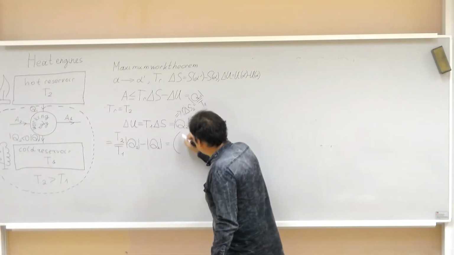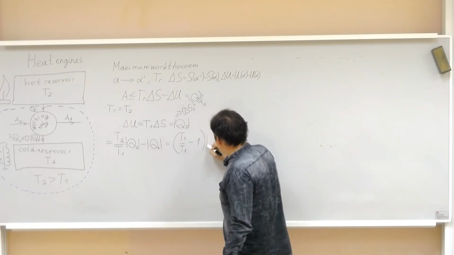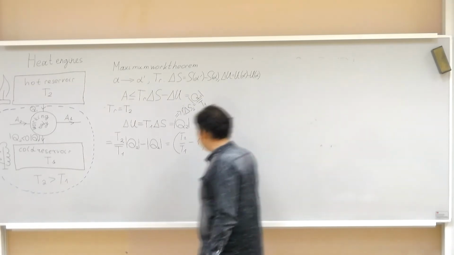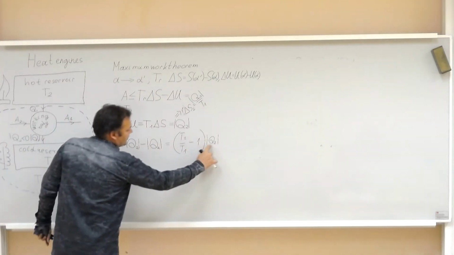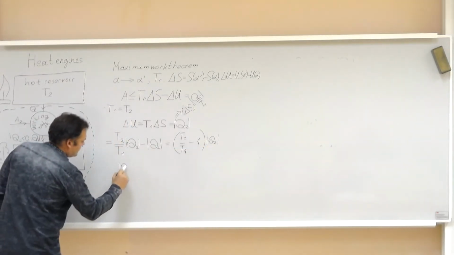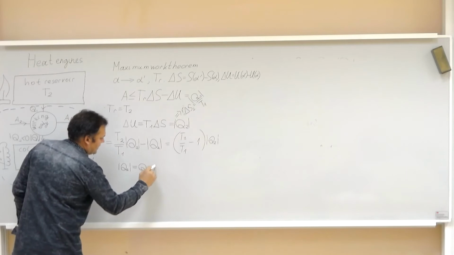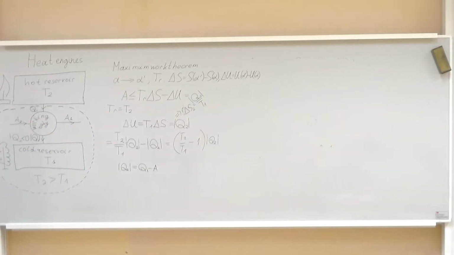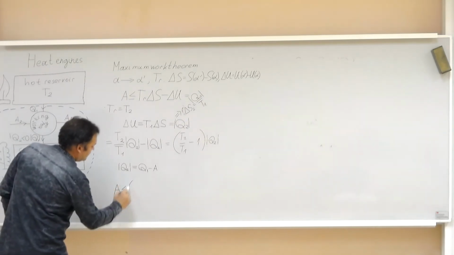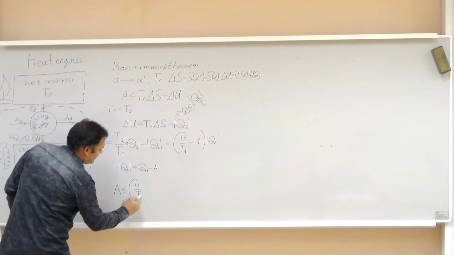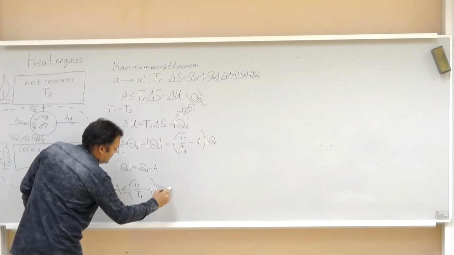And I can present this as follows: T2 divided by T1 minus 1, multiplied by Q2. Let me now recall that Q2 is the difference Q1 minus A. And so I have the inequality A less than or equal to (T2 divided by T1 minus 1) times (Q1 minus A).